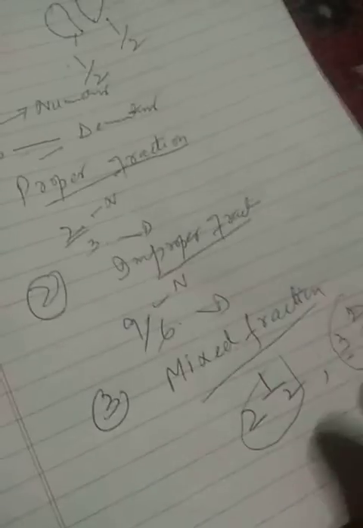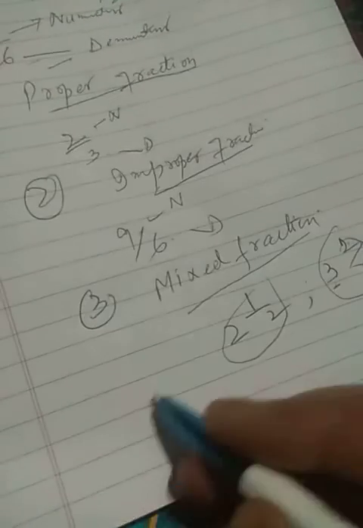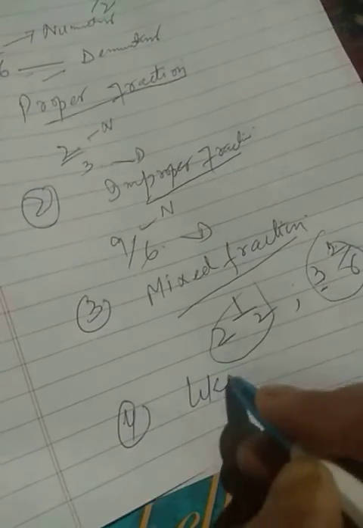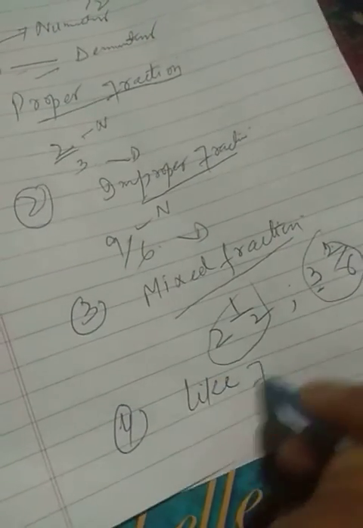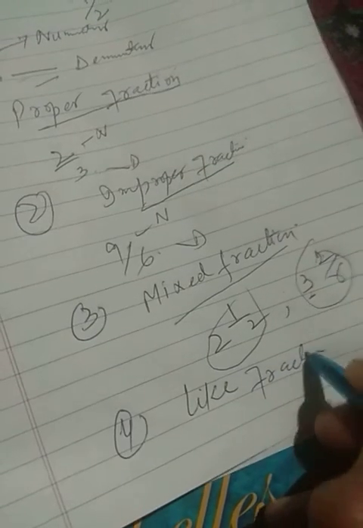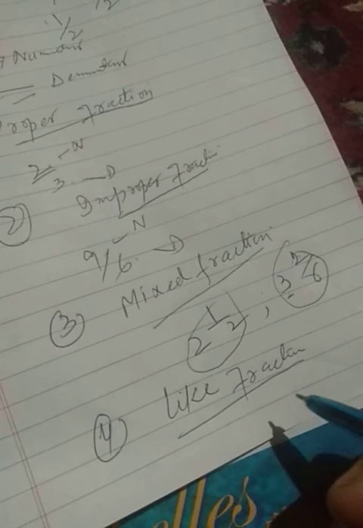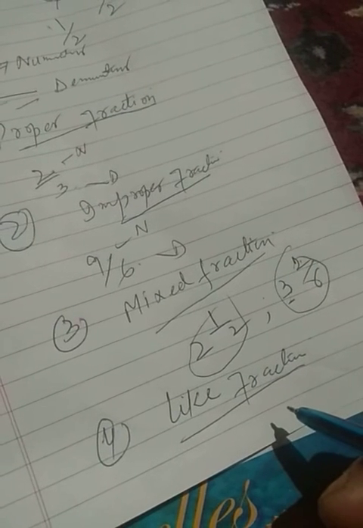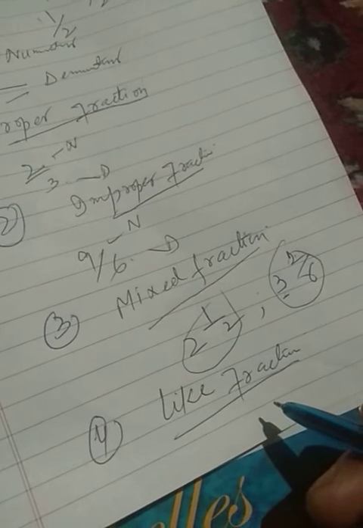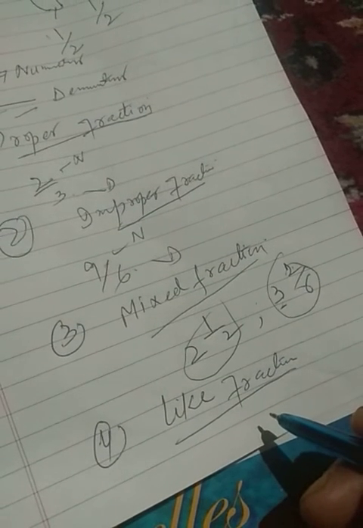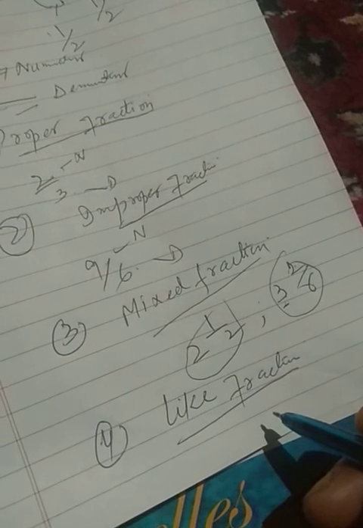Another type of fraction is called like fraction. So what are like fractions? If two or more fractions have the same denominator, those fractions are called like fractions.